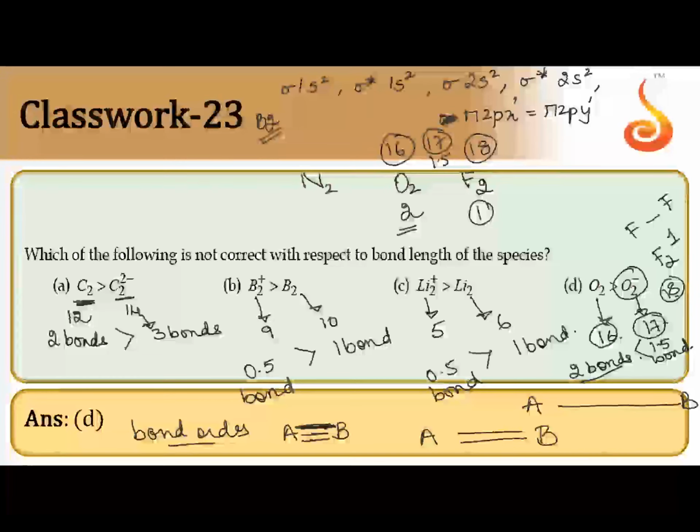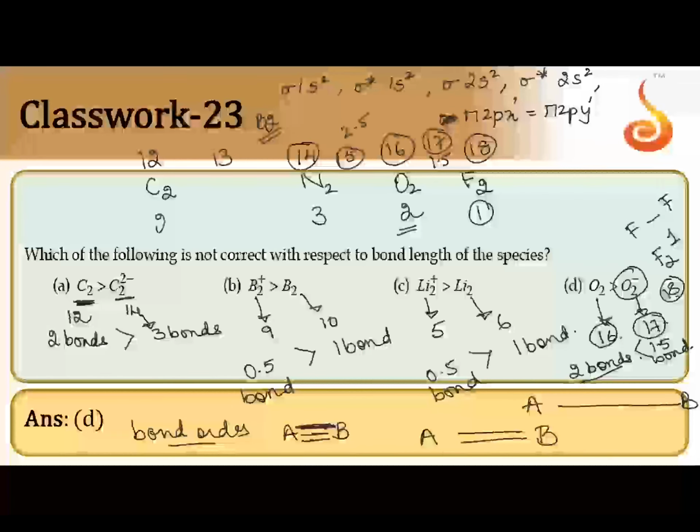N2 we know has 14 electrons and 3 bonds, so 15 electrons will have an intermediate 2.5. Similarly, consider 13 electrons. 12 electrons we know is C2, which has 2 bonds, so 13 electrons will have 2.5. Like this, you can work out some relation for checking your answer or to quickly arrive at the answer.